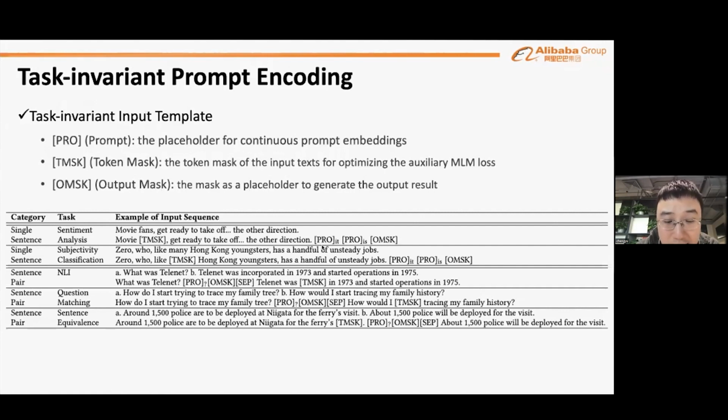The first two are initialized by a universal prompt, and during the model training stage, they can be updated as well. So we don't need to write manually defined prompts anymore. We just add some general words here, and finally there's the O-mask. The O-mask is used to make final predictions. So this is a task-invariant input template. After we have designed this template, we can solve nearly all the common NLP tasks for BERT-style models.